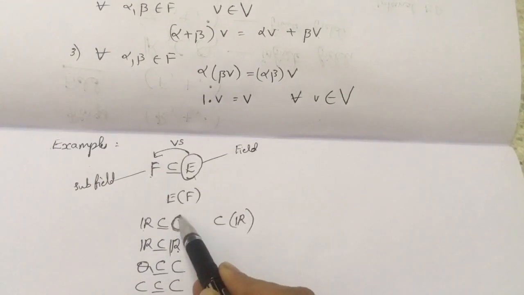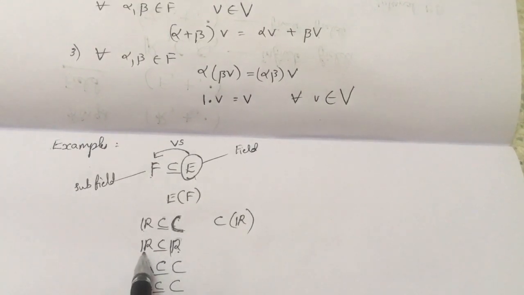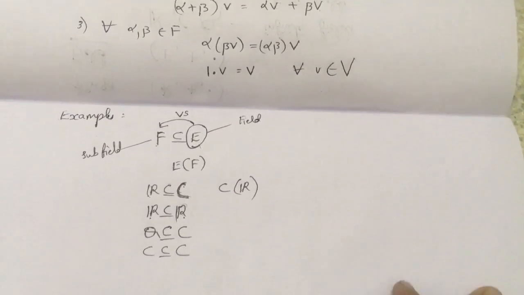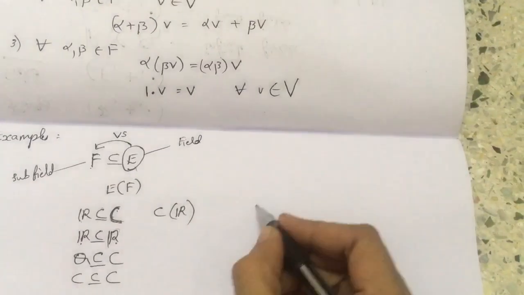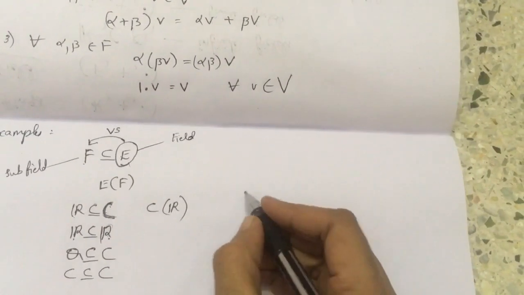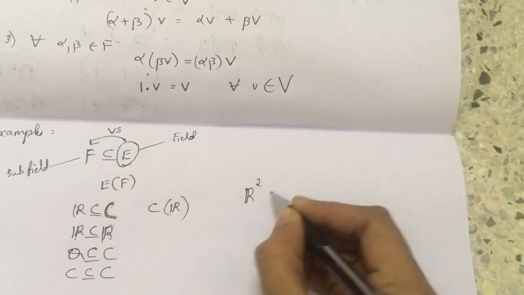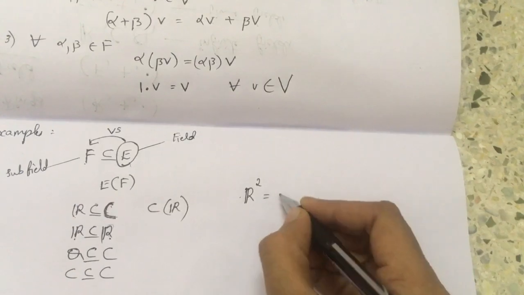The set of complex numbers forms a vector space over R, and the set of real numbers forms a vector space over R, like that. Now, consider the set of two-tuples, that is R2, written with superscript. What is an element in R2?